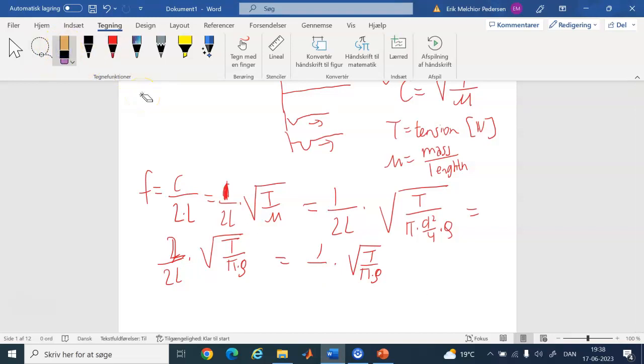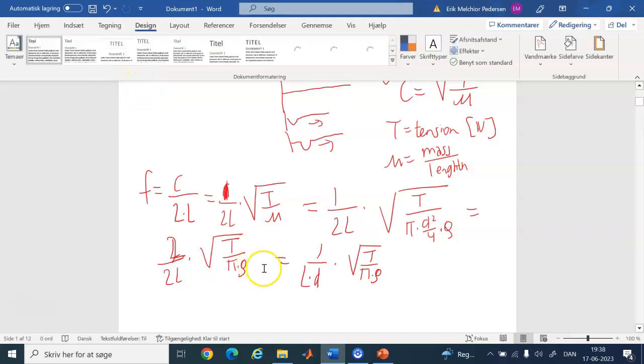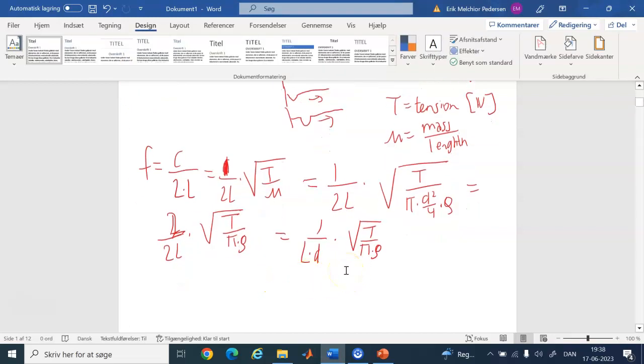And mu is the same as rho times pi times the diameter squared divided by 4.